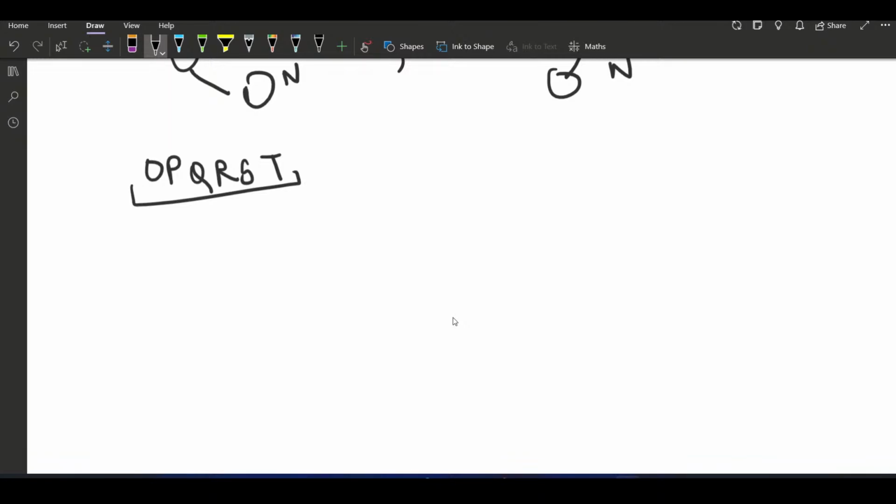So we clearly know that postorder traversal is firstly left, right, and then root. So we clearly know that from this given order, T will be the root of the given binary tree. So we'll be considering T as the root.